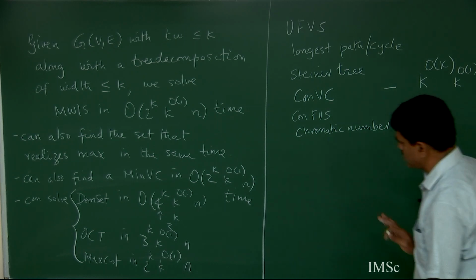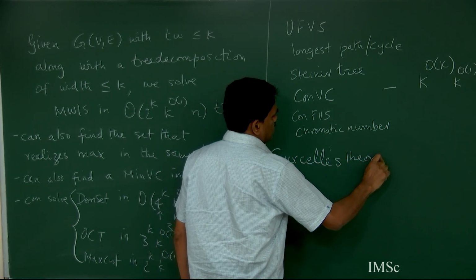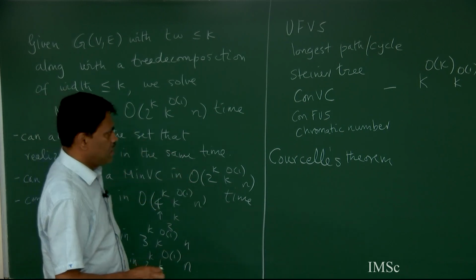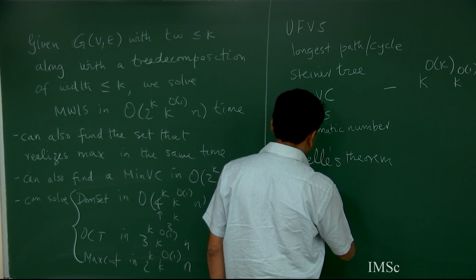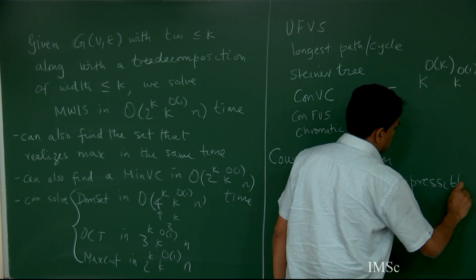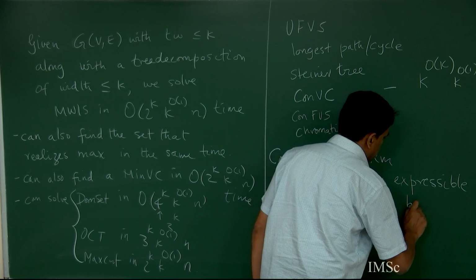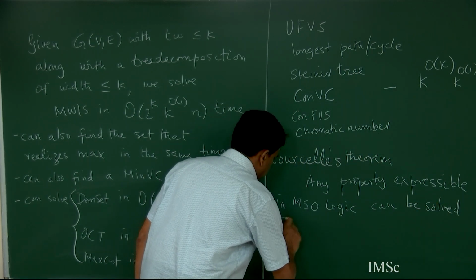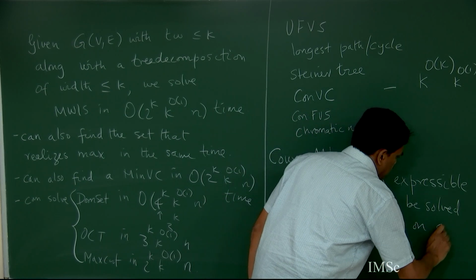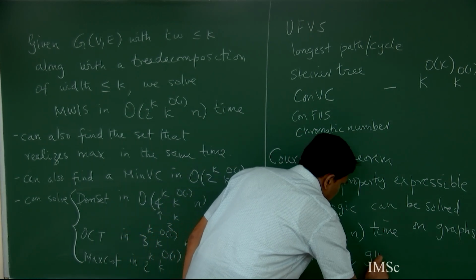There is actually a very nice general theorem due to Courcelle, which says that any graph property expressible in monadic second order logic can be solved in f of k times n time on graphs with tree width at most k, given the tree decomposition.